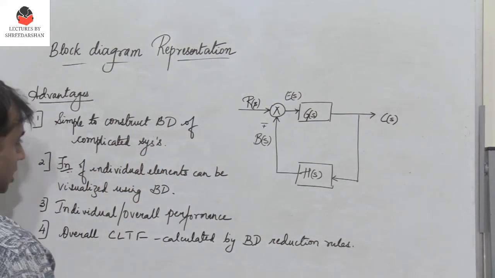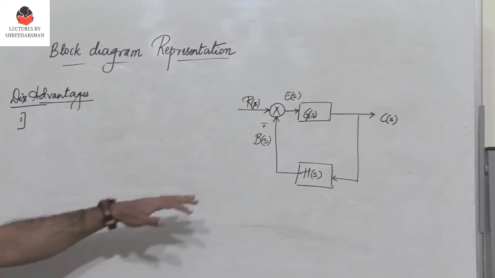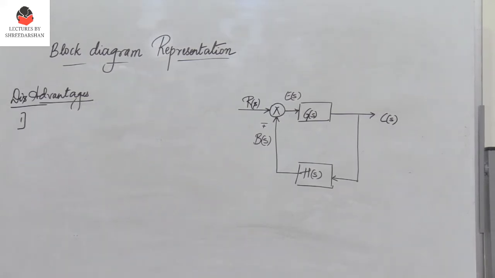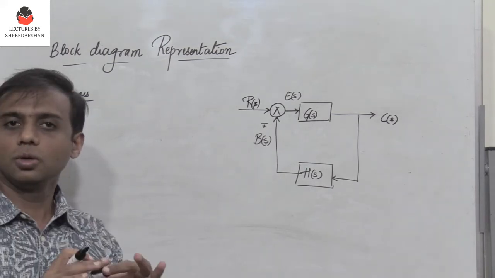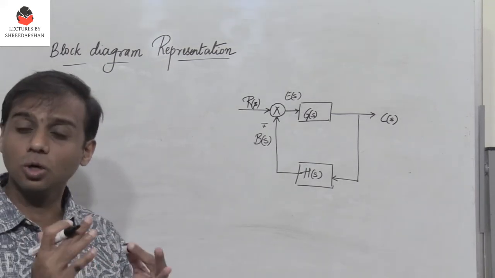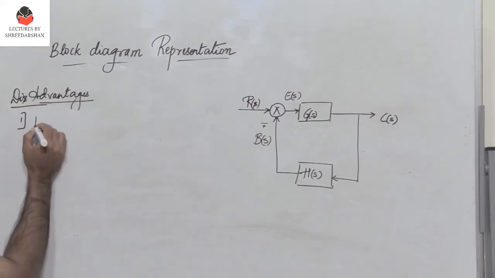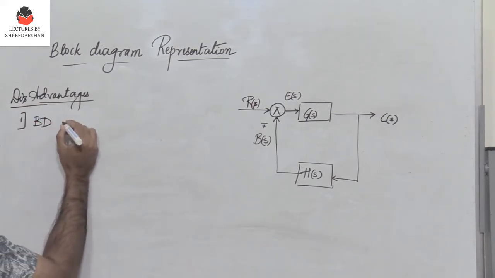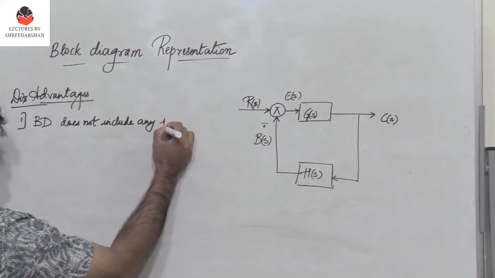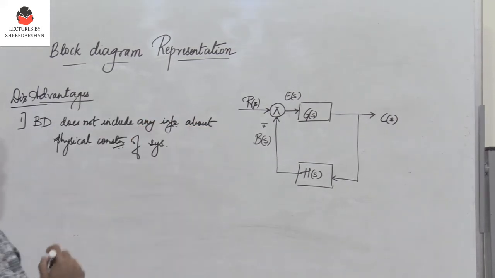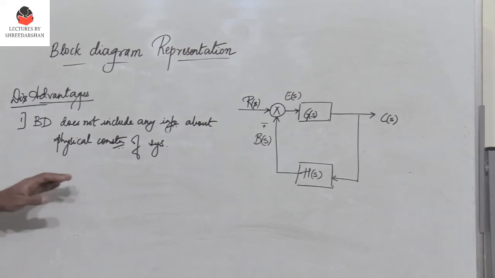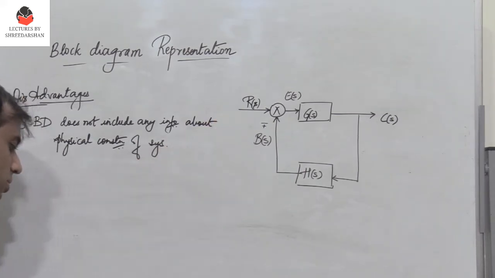Now what are the disadvantages? Any block diagram does not give us any idea about the physical construction of the system. The physical construction of the system is not revealed in the block diagram representation. So a block diagram does not include any information about the physical construction of a system.